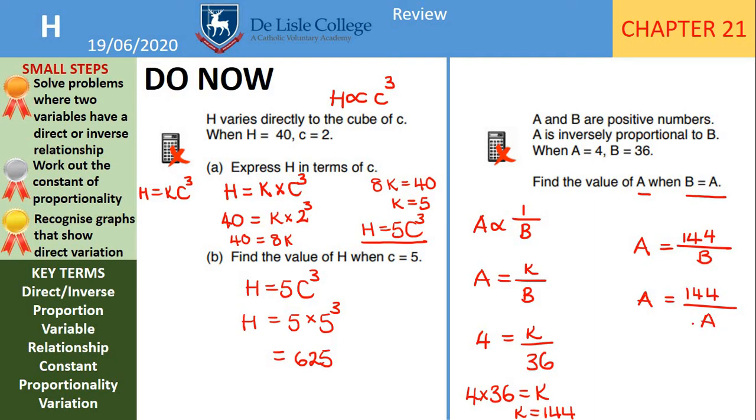Now, to get rid of the divide by a, if I multiply up by a, well, a multiplied by a will give me a squared. So a squared is equal to 144. So taking the square root, a will either be 12 or negative 12. But remember, the question said a and b are positive numbers, so we must take the positive answer. So a will be equal to 12.